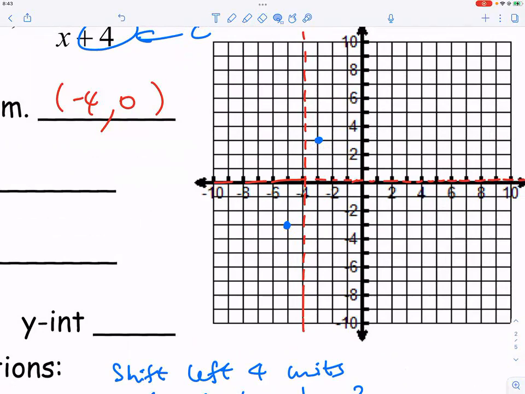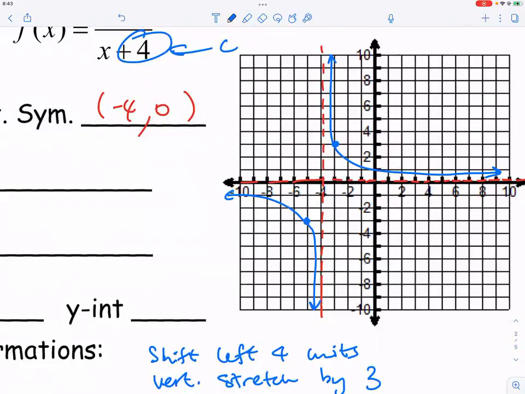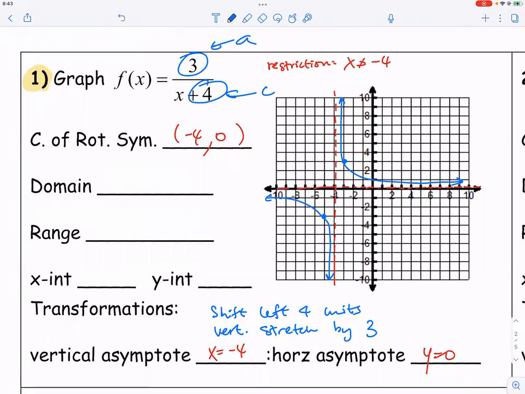Then go ahead and draw the line passing through those 2 points, and they should lean towards the asymptotes. Again, it's being stretched vertically by a factor of 3, so they move away from the asymptotes.